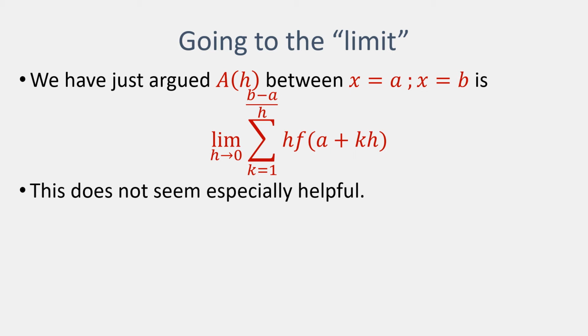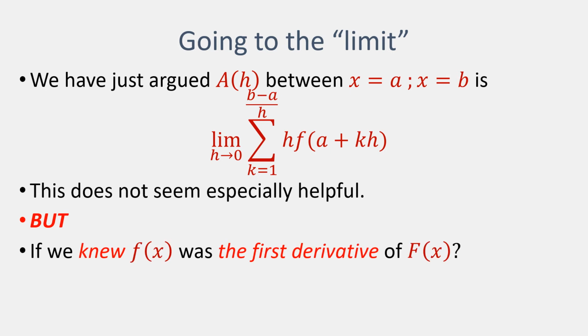And maybe that doesn't look very helpful. What if we knew that the function we are looking at, little f of x, was the first derivative of some function capital F of x? What if we knew that?